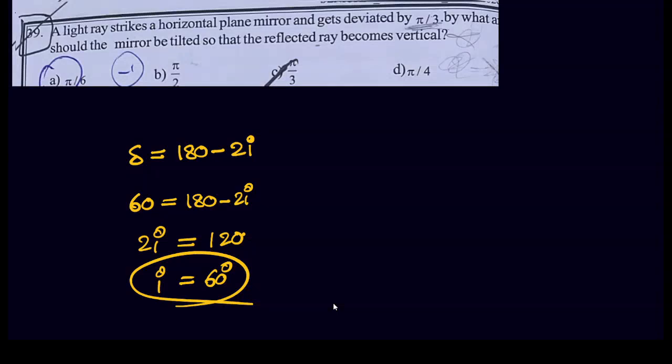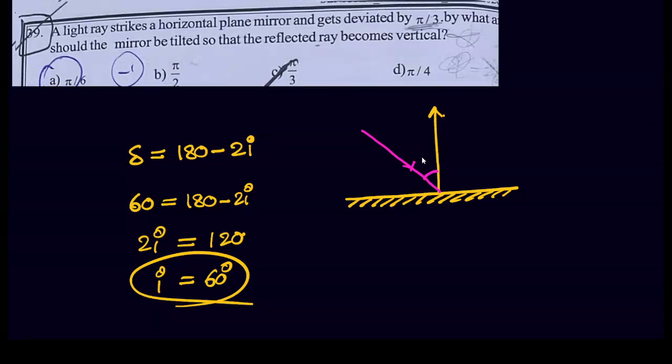For the reflected ray to become vertical, here this is the mirror, and here this is the normal. If this is the incident ray, the light ray incident at 60 degrees, then this is the reflected ray, and this angle is 60.